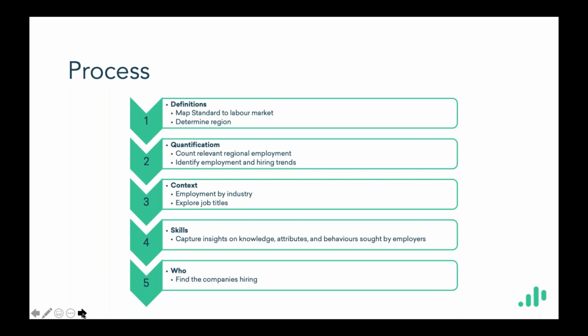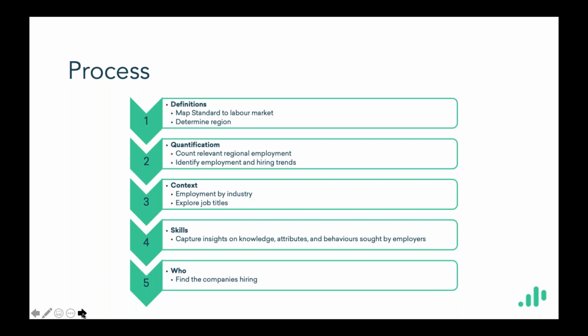So we can get so much detail from looking at the job numbers and the structural data, but actually we can go into more detail about those jobs themselves. And then that takes us to the next level of granularity, which is skills. So what can we find out about the knowledge, attributes, behaviors, that in apprenticeship terms, the KSBs, knowledge, skills, behaviors, that employers are looking for.